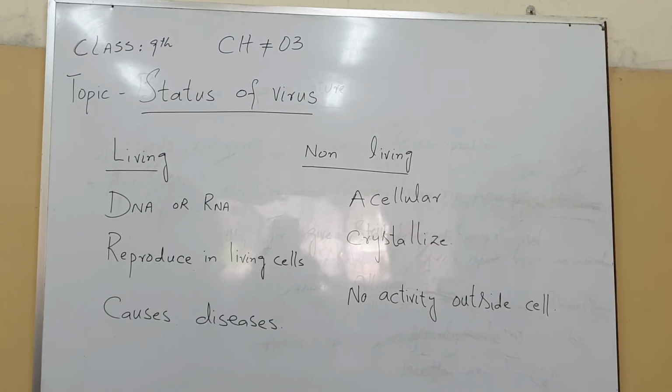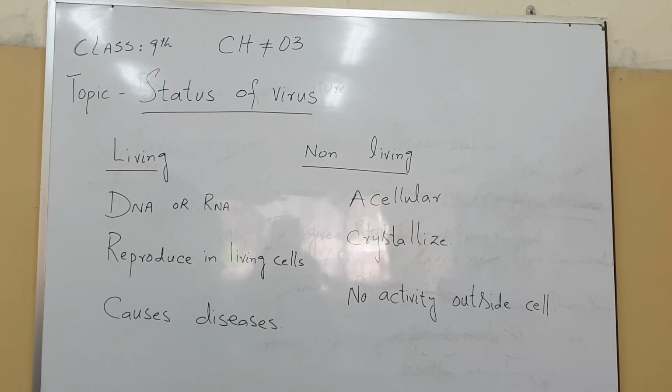It can be considered as living, and sometimes it shows non-living characteristics. The living characteristic of the virus is the presence of DNA or RNA, which are living material. The nucleic acid, if present inside anything, it can be considered as living. Number two, it can reproduce in living cells.